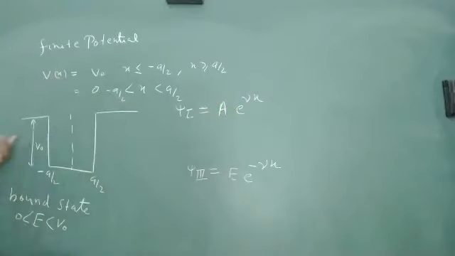Because if you solve the Schrodinger wave equation, you will get e to the power minus gamma x and e to the power gamma x. And you have to see what will happen at x tends to infinity or minus infinity. So the wave function must decay at minus infinity as well as at plus infinity.